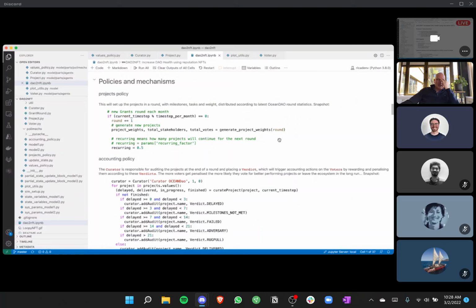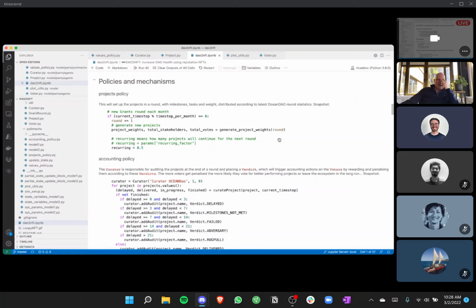If you vote for good projects, you win tokens. And if you vote in the end for bad projects, so projects that turn unsound during the round, you lose tokens. So there's a bit of a risk involved in voting with your tokens. And this is interesting because then you have basically an initial curation up front before projects even start.